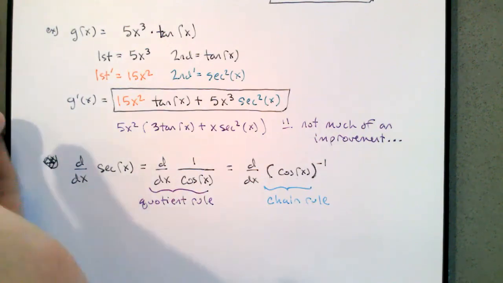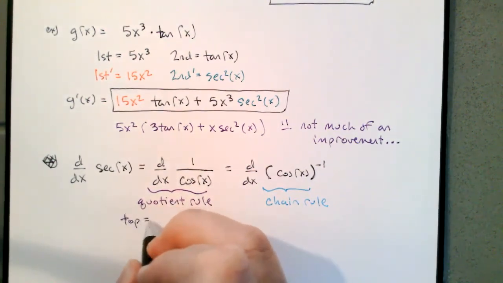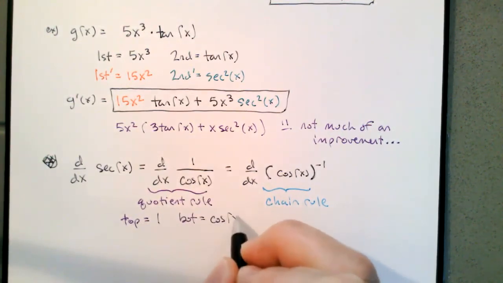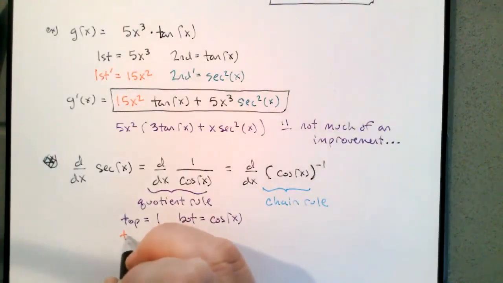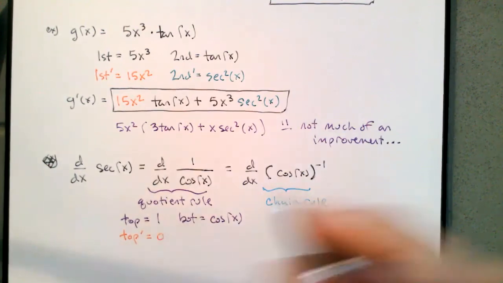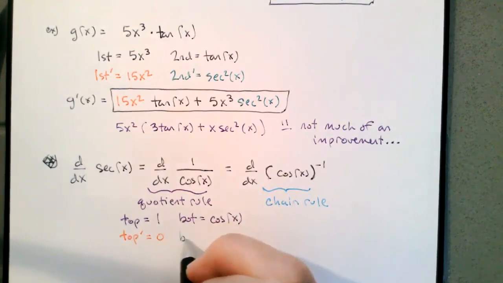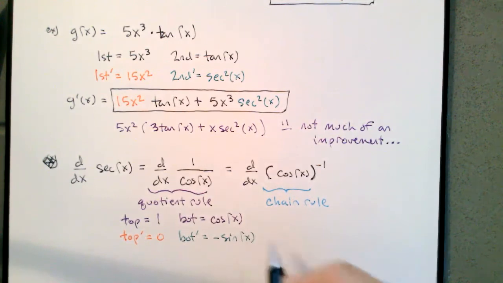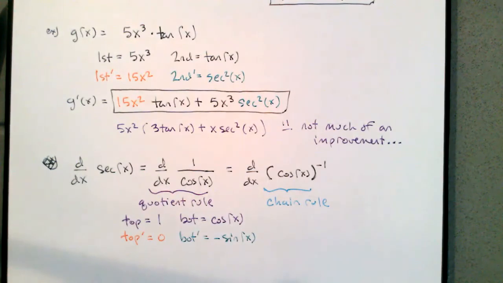Let's use the quotient rule where the top is 1 and the bottom is cosine x. I need to take the derivative of the top, which is 0. And I need the derivative of the bottom, which is minus sine x. Now I can put things together with the quotient rule.